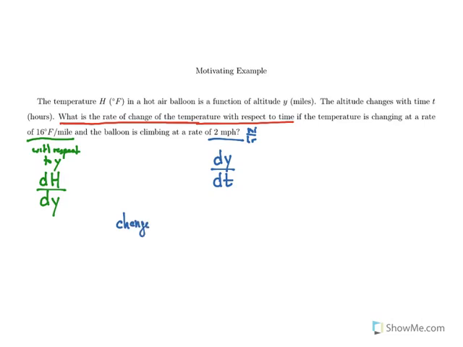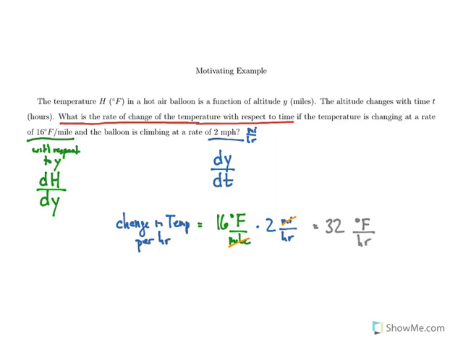So the change in temperature per hour will be 16 degrees Fahrenheit over each mile, and then times 2 miles per hour. And you can cross out the miles here, and you're left with 32 degrees Fahrenheit per hour.